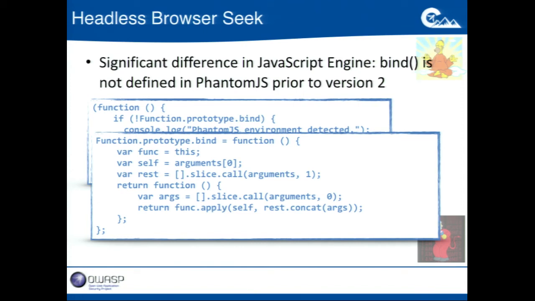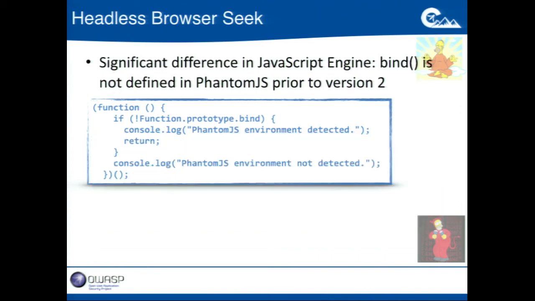So the code you're looking at is the, first of all, let me explain what Function.prototype.bind is. It's a function defined on functions: when you call some function dot bind, it will take the first argument of the call as the this pointer, or sometimes called scope, of the function it returns.